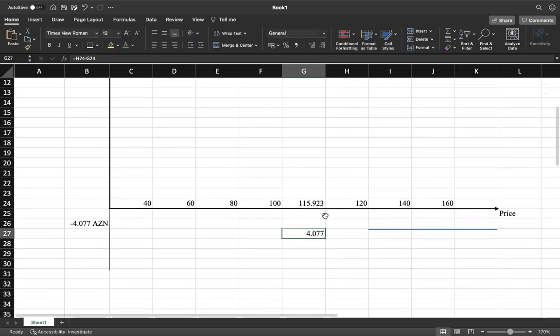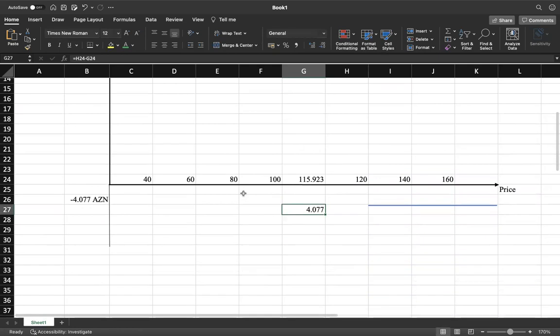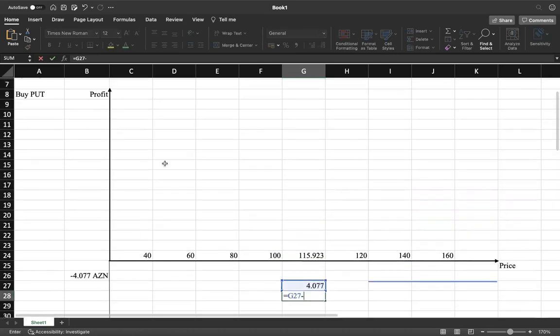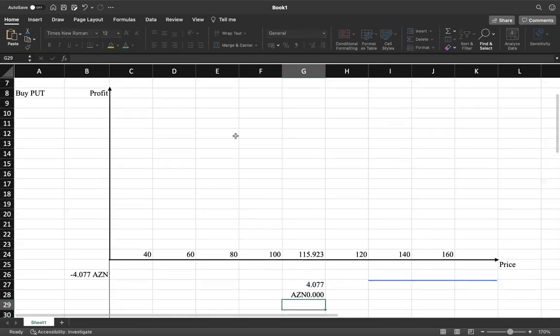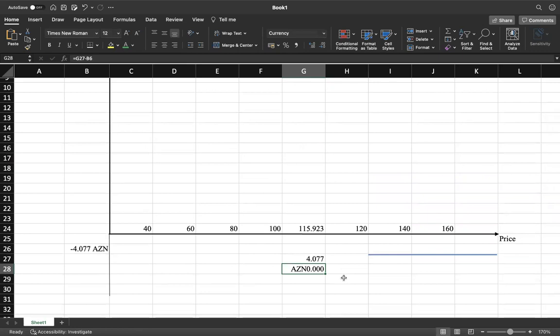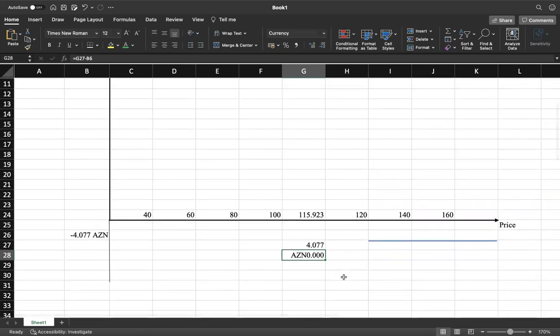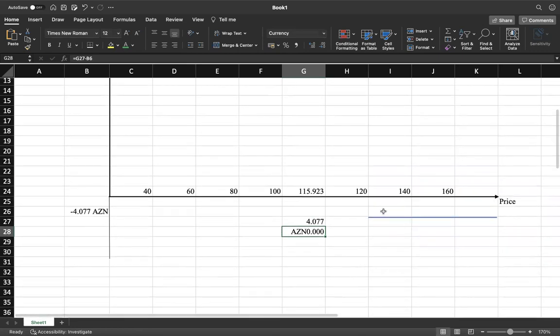But it is also the price of the option, so I have to pay the premium. Therefore, my profit is zero AZN. So I am not making any profit right now, but my loss is getting decreased.